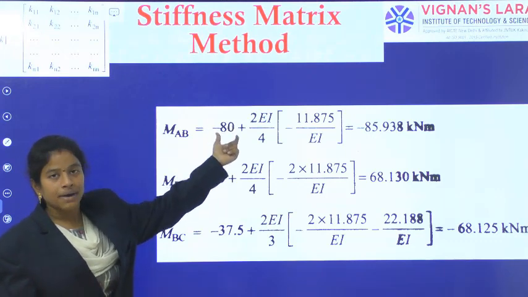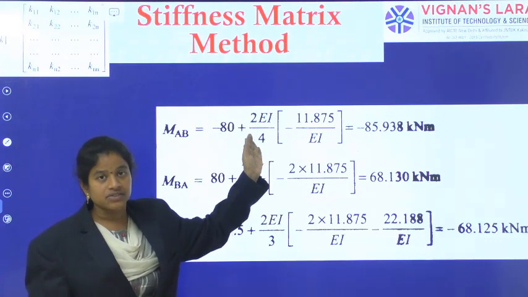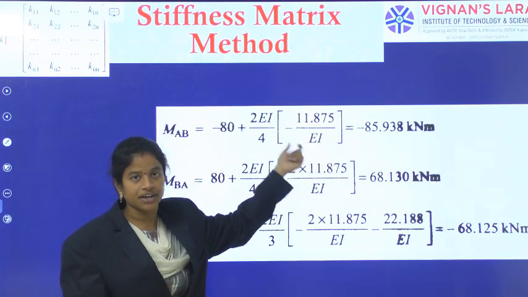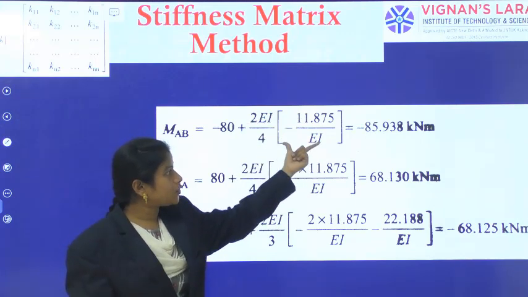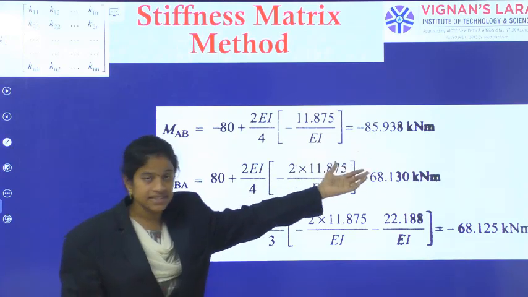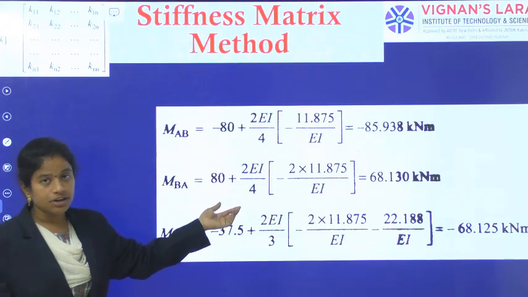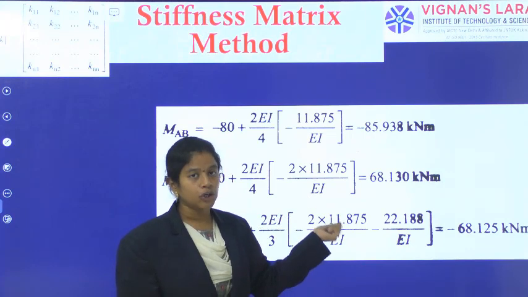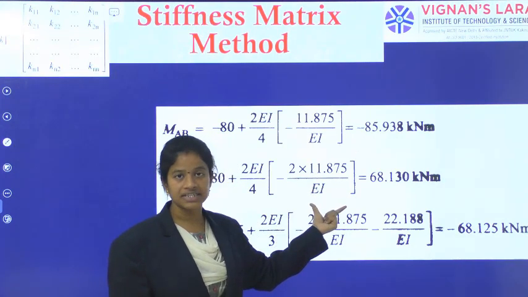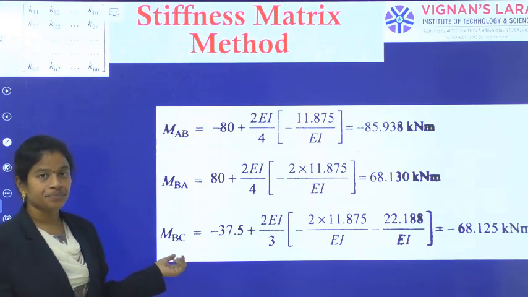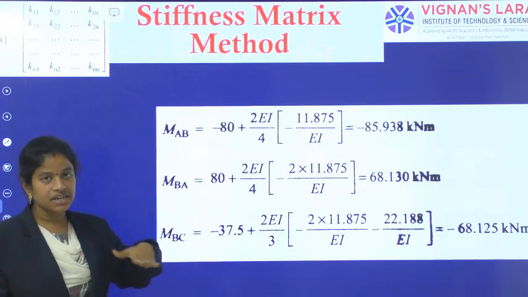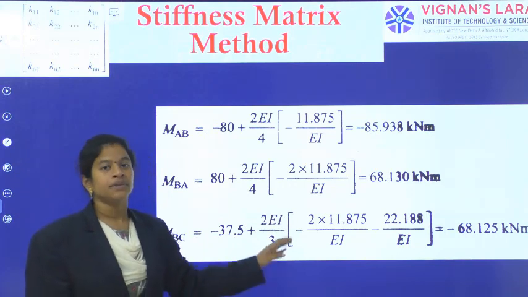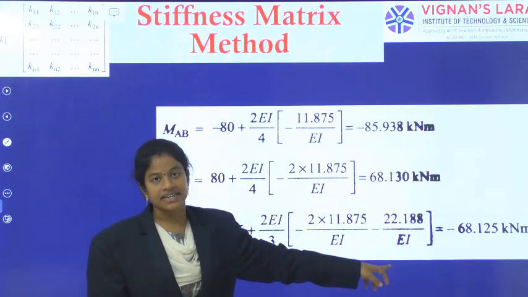MAB is equal to the fixed end moment MFAB, which is minus WL square by 12, plus 2EI by L into 2 times theta A plus theta B. Theta A is 0, so only theta B remains, that is 2EI by L into theta B. Then MBA is equal to plus WL square by 12 plus 2EI by L into 2 times theta B plus theta A. And MBC is equal to minus WL by 8 plus 2EI by L into 2 times theta B plus theta C, minus 0.